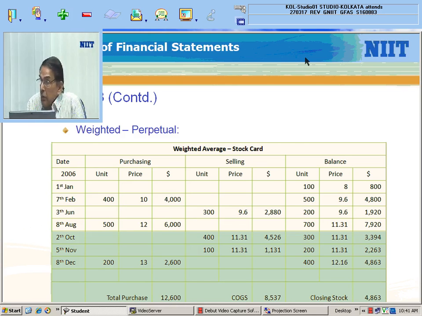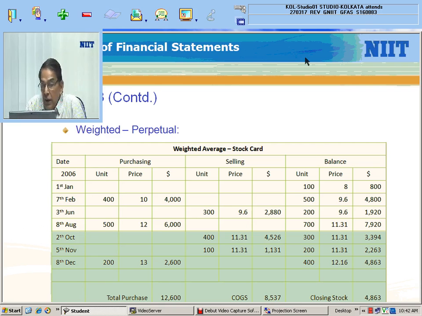But in the perpetual system of inventory, the average cost will keep on changing. The average cost will not remain the same throughout. Whenever you make a sale or a purchase, particularly when you make a purchase at different prices, the average cost will keep on changing. At the beginning it was 8, then when a purchase was made on 7th February, the average cost goes up to 9.6.